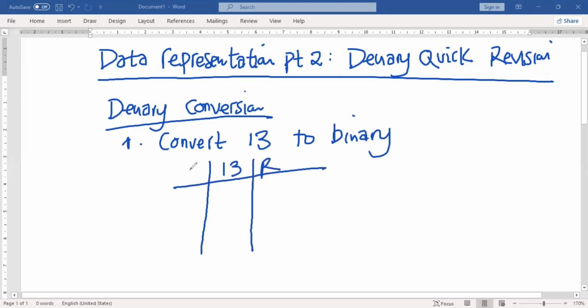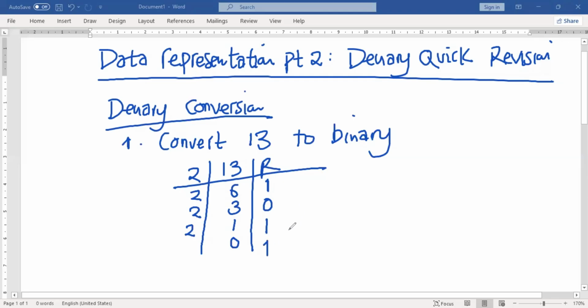So the first rule is you divide: 2 into 13, that is 6, remainder 1. 2 into 6, that is 3, remainder 0. 2 into 3 is 1, remainder 1. 2 into 1 is 0, remainder 1.